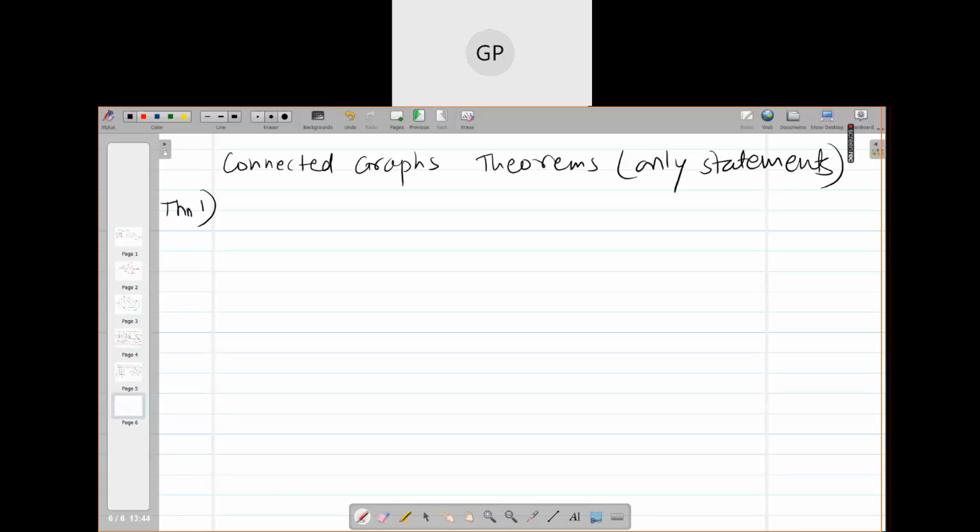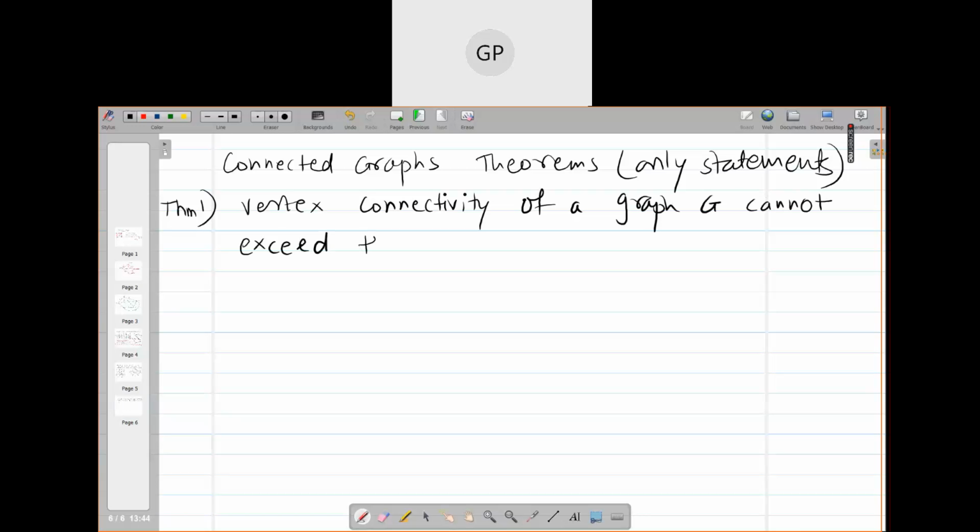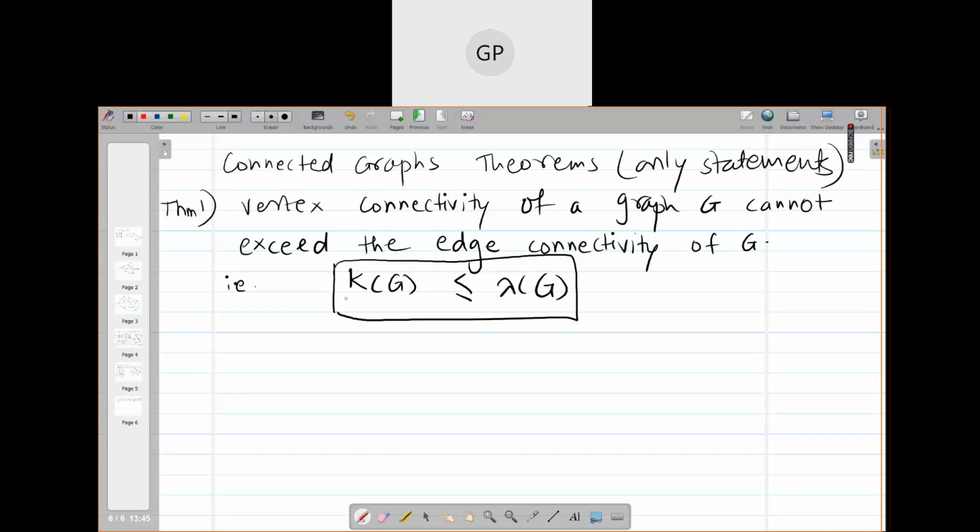Theorem 1: vertex connectivity of a graph G cannot exceed the edge connectivity of G. That is, kappa G is always less than or equal to lambda G. Kappa G is the vertex connectivity.